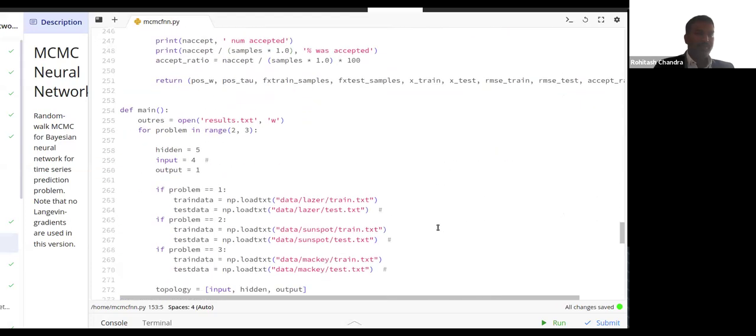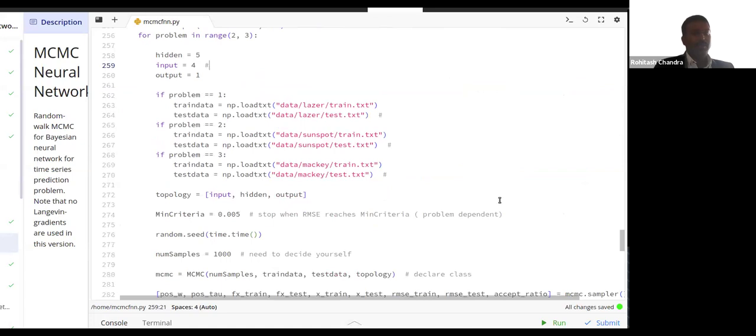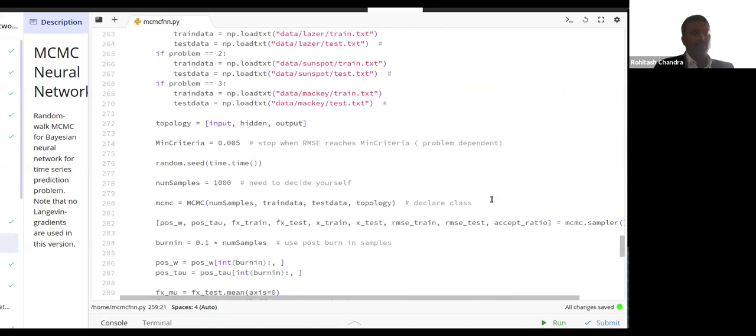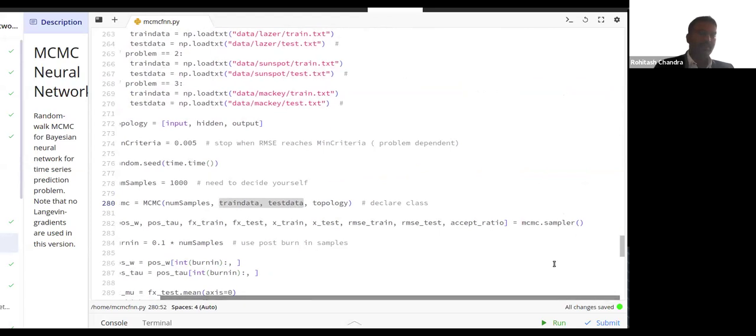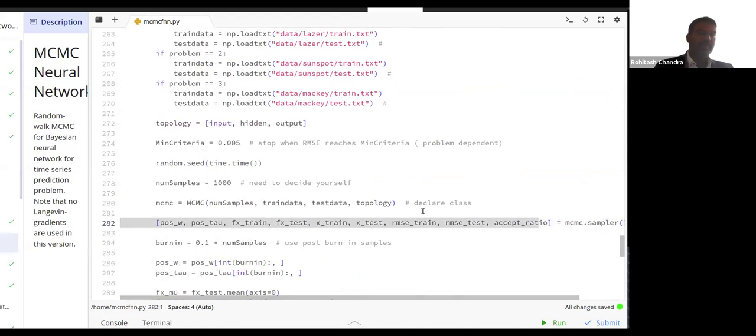The topology would be defined in the main, where we say that many hidden, that many input, and that many output, and the MCMC class is called there. And there we pass the topology, right? We pass the training data, test data, number of samples, and the MCMC sampler dot sampler is run, and it gives us all this information, right?